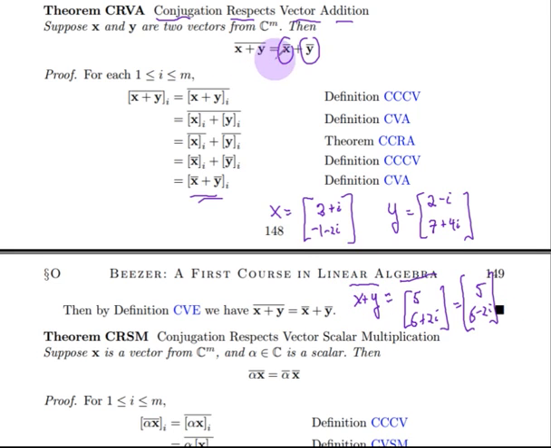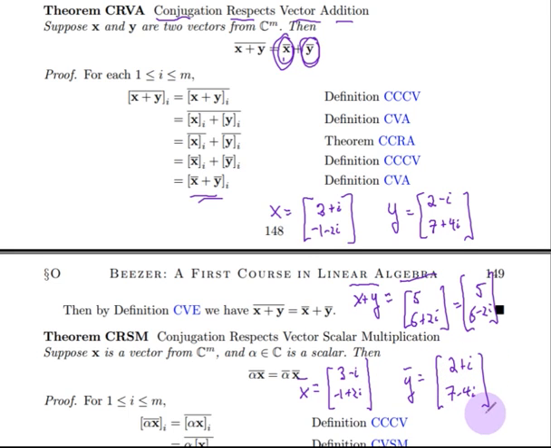Now, according to this theorem, I could take the conjugate of x and the conjugate of y. Well, I'll do it down here. So the conjugate of x is 3 minus i, minus 1 plus 2i. The conjugate of y is 2 plus i, 7 minus 4i.